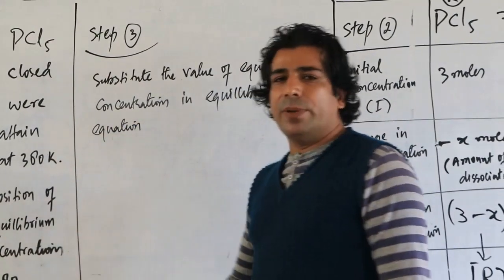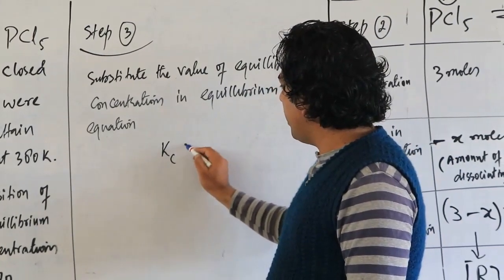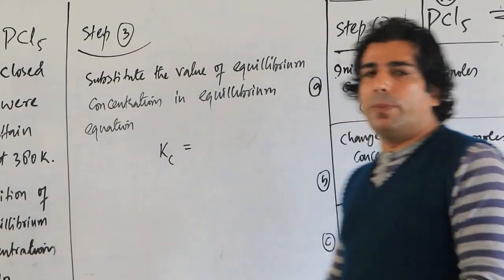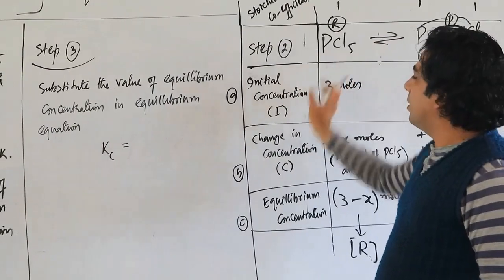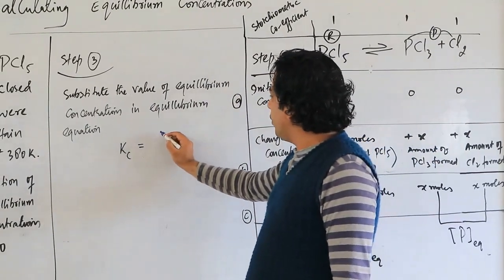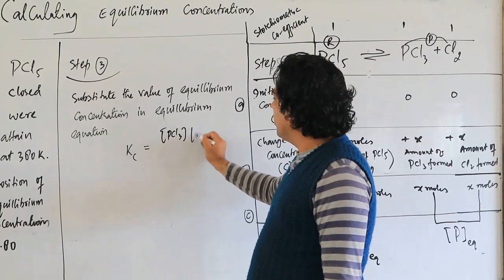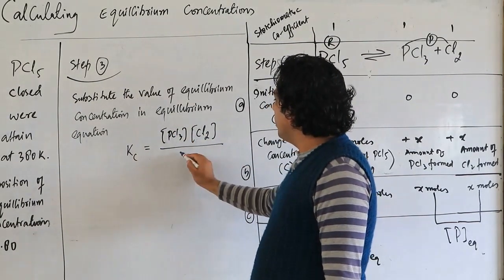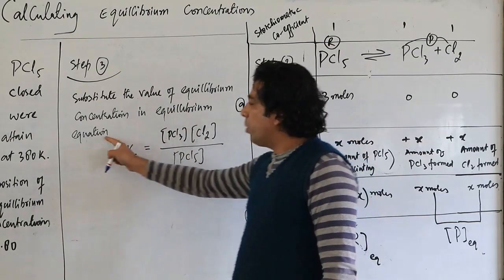What is our equilibrium equation, my dear friends? Our equilibrium equation is Kc. Kc is equal to the molar concentration of products divided by the molar concentration of reactants. So this is our equilibrium equation. That is, products are PCl3 into Cl2 divided by PCl5.